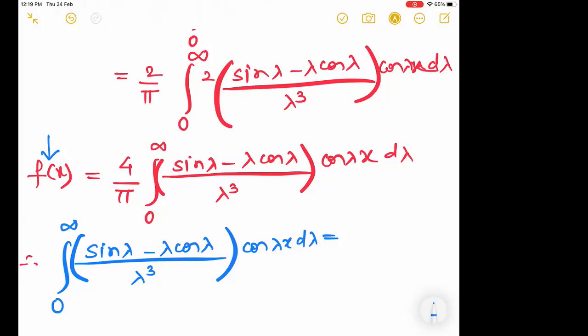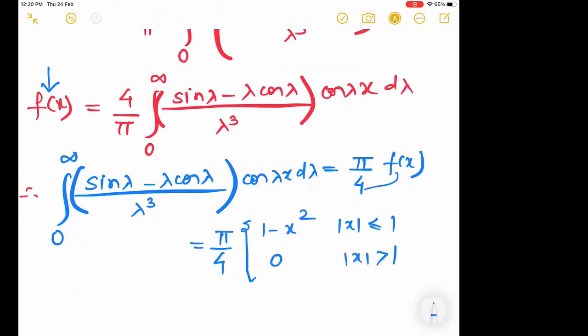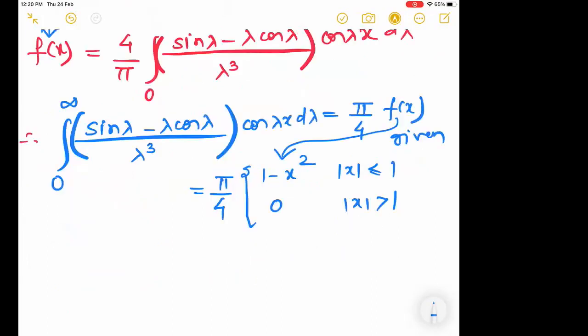First of all, I'll write pi upon 4 into f(x), and then I'll put the value for f(x). That means pi upon 4 into 1 minus x square for mod x less than or equal to 1, and the other answer is 0 for mod x greater than 1. This is the value of f(x) I'm writing. f(x) is given like this.